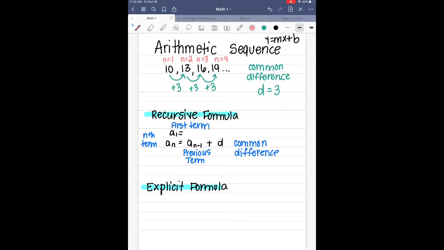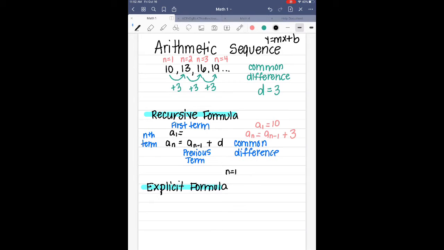So when I'm looking at this particular sequence at the top, I know that my initial term, A sub 1, is going to be 10. Now we're going to write the actual recursive formula for any term. A sub n is going to be the previous term, A sub n minus 1, plus the common difference, and the common difference is 3.